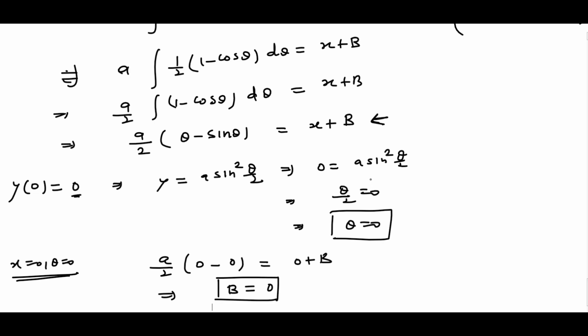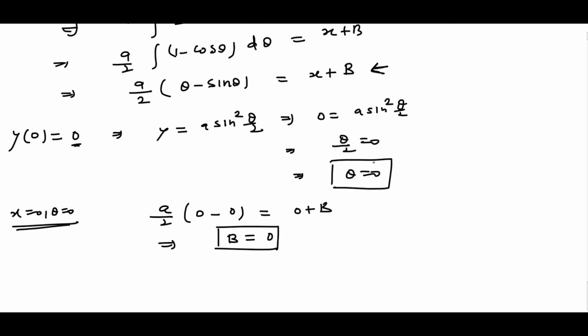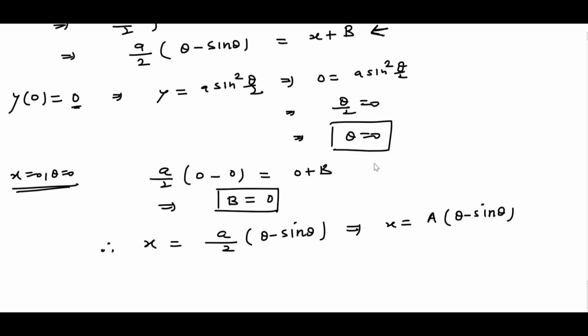Further putting this value in above, we get x is equal to a by 2 theta negative sin theta, and a by 2 can be written as capital A as a constant, so x is equal to A theta negative sin theta.